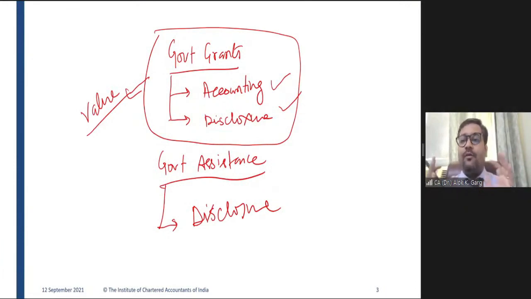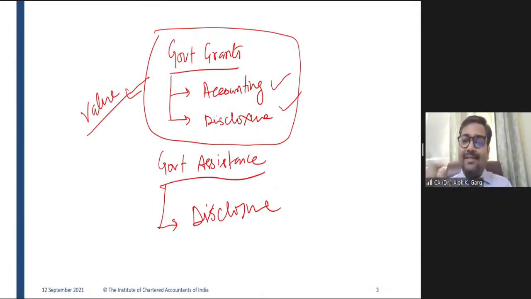So if the government is providing assistance, like providing a platform between the supplier and the customer to entities operating in, let's say, remote areas, this is a government assistance. You cannot arrive at a value for such assistance provided to the industry at large.